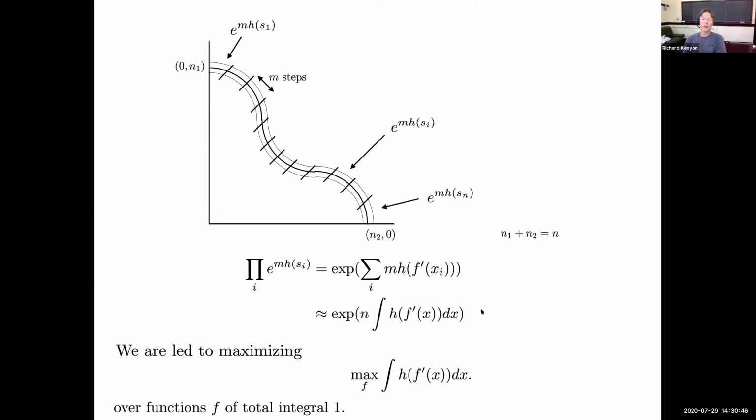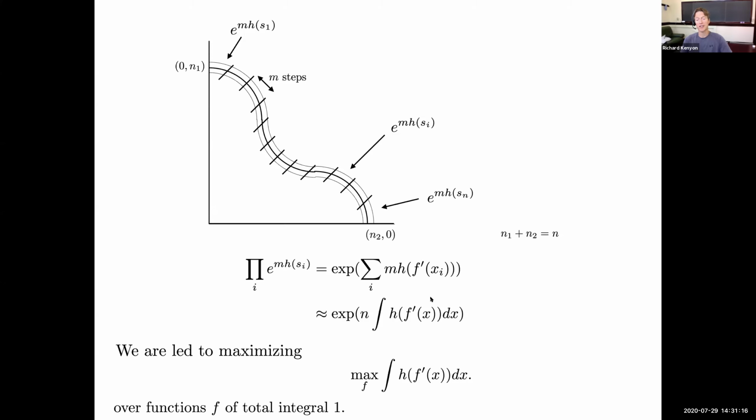All right, so modulo these details, which I probably haven't convinced you are negligible, but one can convince oneself that those are negligible amounts, the quantity we're looking for, which is the number of partitions approximating this curve, can be well approximated by the exponent of n times this integral.